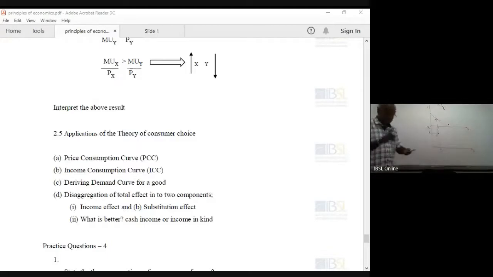Now what will happen? The consumer can attain a higher indifference curve, another bundle, with higher utility: U1, U2, 100, 200. Another utility at this point, point B. Now, the consumption of X is this one, at price PX2.